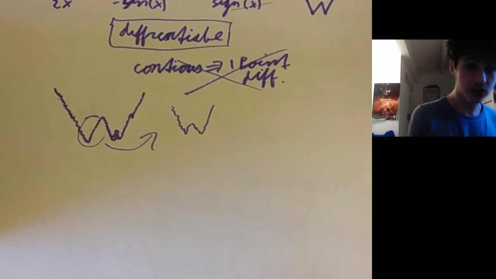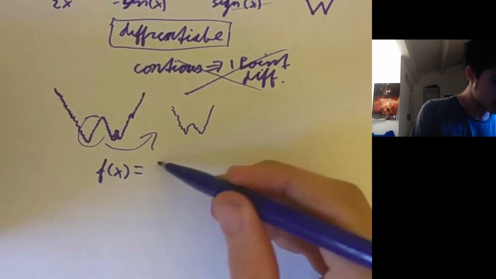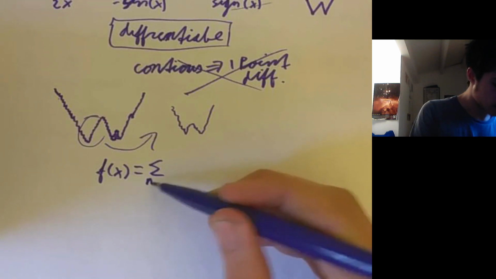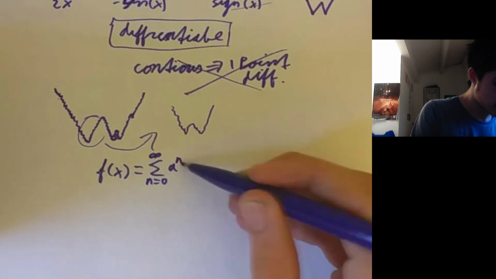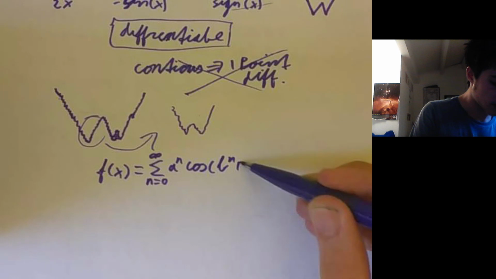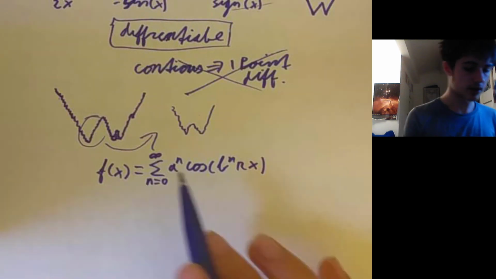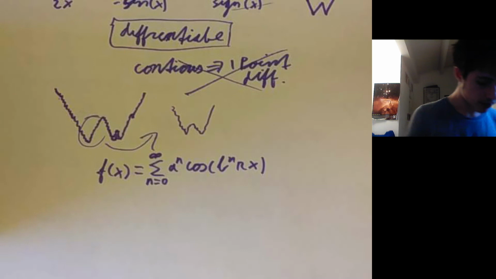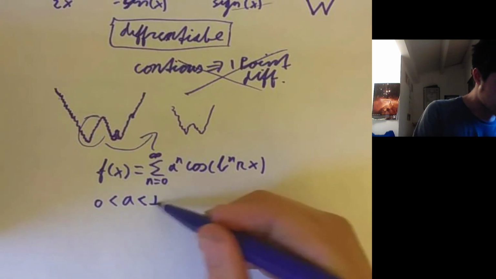So I'm now going to tell you what the function is. The function is defined like this. We have the sum going from n equals 0 to infinity of a to the n, and then a cosine of b to the n times pi times x. Here a and b are parameters, and we want a to be between 0 and 1.